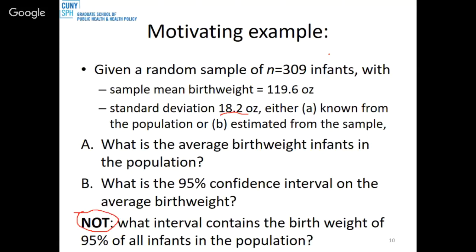This is the standard deviation, remember, not the mean. Which will be somewhere around 16 or 17. It's the square root of 309, 17.5. Okay. So the standard error is only going to be around 1 ounce.